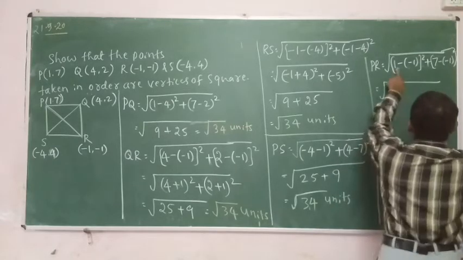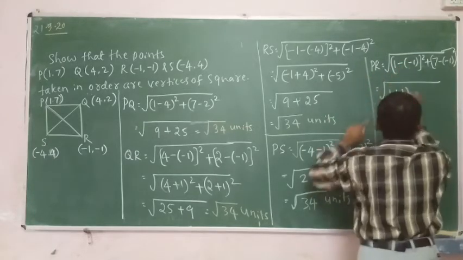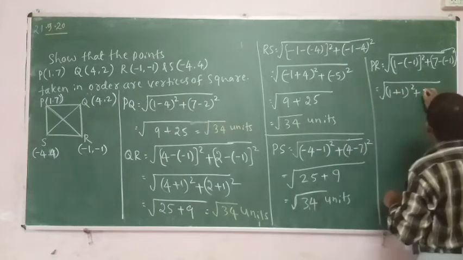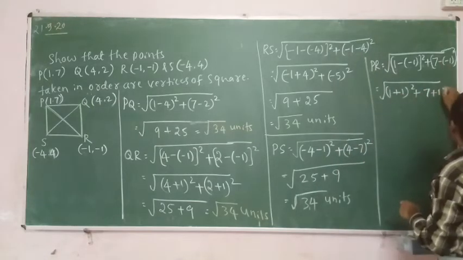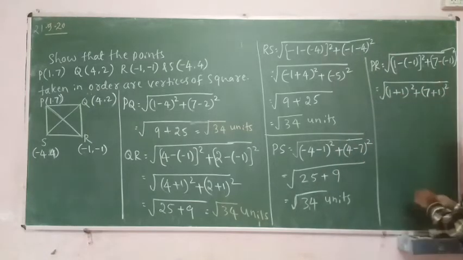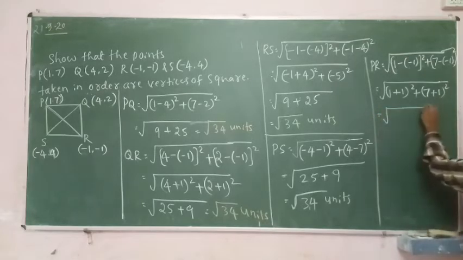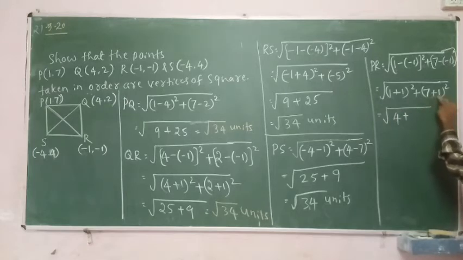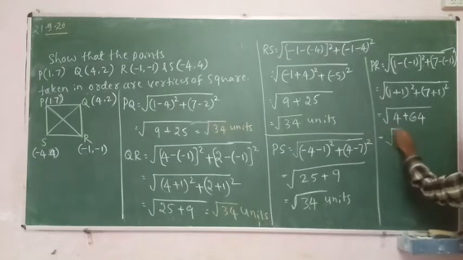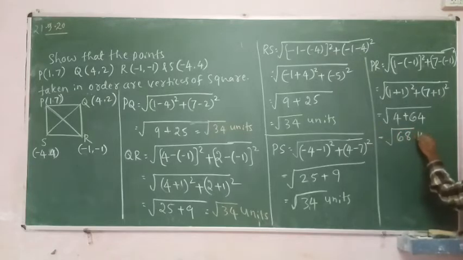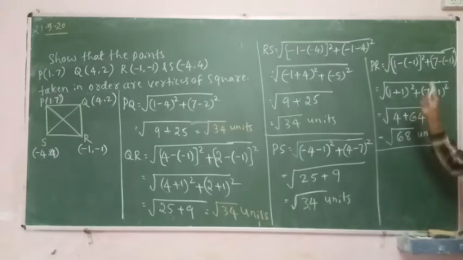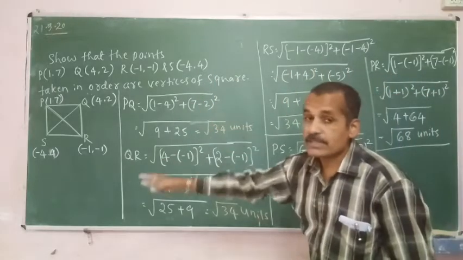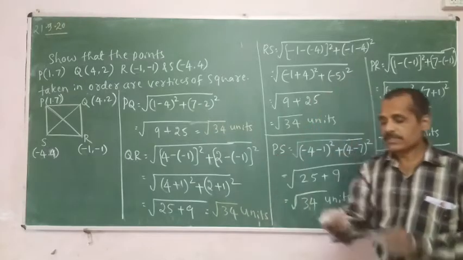Under root, 1 plus 1 is 2, square is 4, and 7 plus 1 is 8, square is 64. The answer is square root of 68 units. I should find the last length QS. It must also be root 68 only.